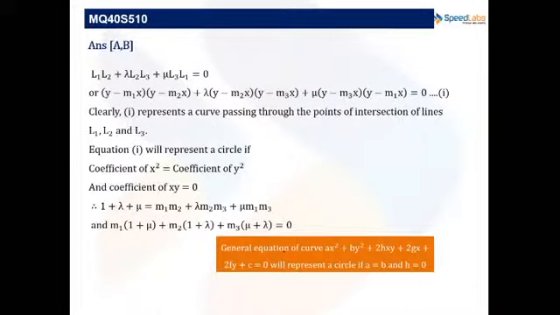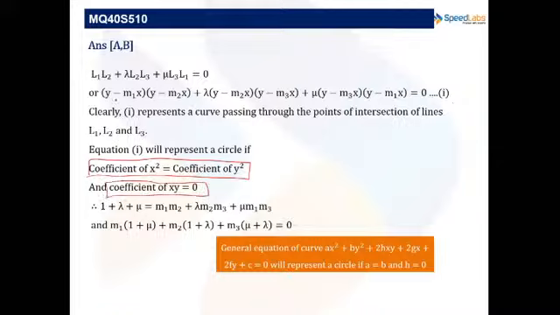So we have simplified this whole equation, and it will represent a circle if a equals b, that is the coefficient of x square and coefficient of y square should be equal, and h equals 0, that is the coefficient of xy should be 0.